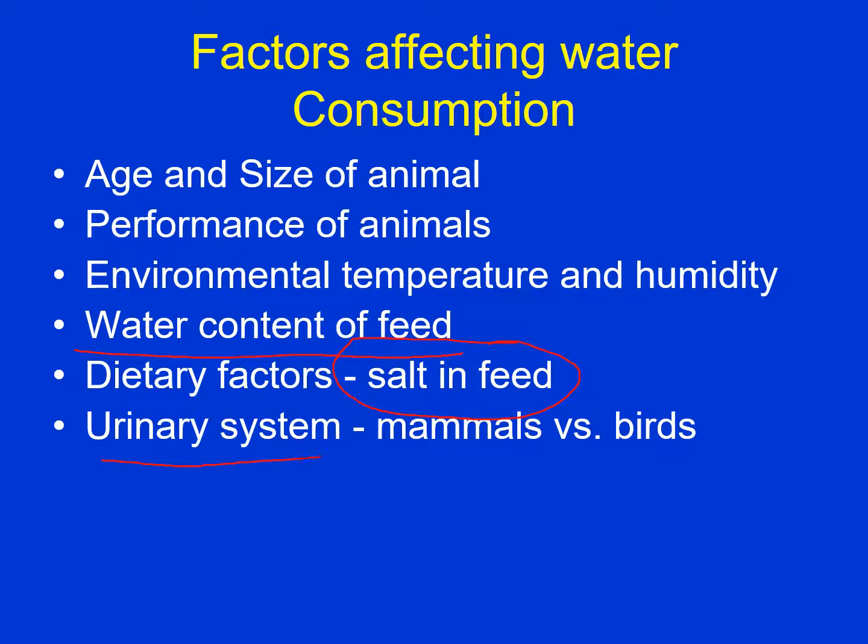So the urinary system, as we mentioned, cattle lose a lot more water in the urine than birds will. But there are differences between animals, and we can rank them: cattle lose the most, then cattle and pigs, and goats and sheep require less.